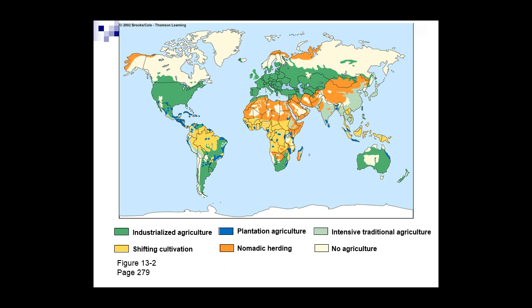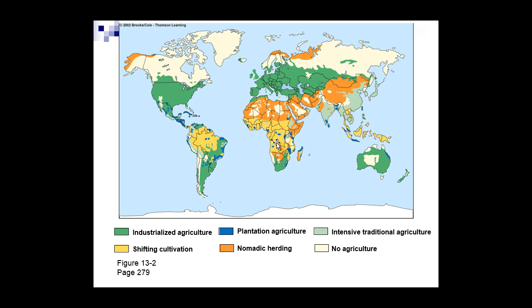So where are these? Where you would expect. United States, Europe, highly industrialized. We're using lots of tractors and everything. And then you can see, like I said, along the tropics here and the equator, you're getting your plantation stuff.